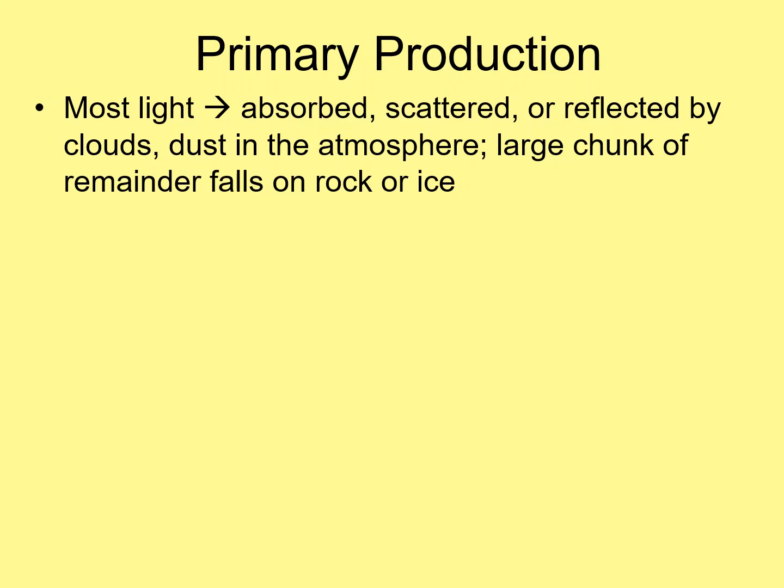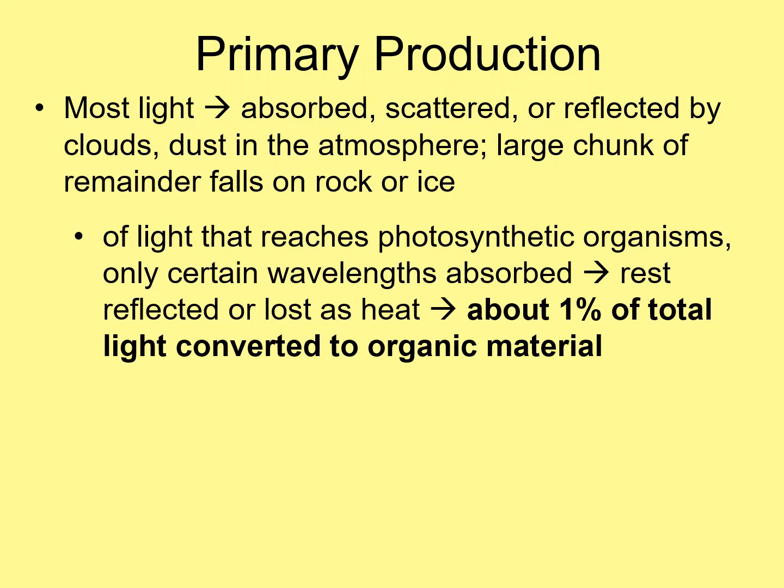So again, it goes off in all sorts of different directions, and a bunch of it goes back out into space. A good chunk of the remainder falls again on areas where there's either nothing living or nothing that's doing photosynthesis. So bare rock, ice, a surface that doesn't have organisms doing photosynthesis, right?